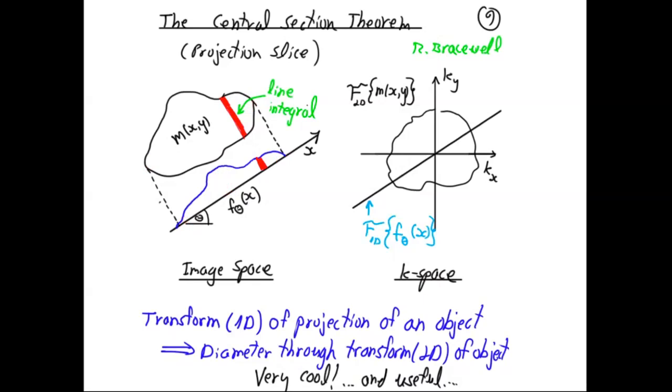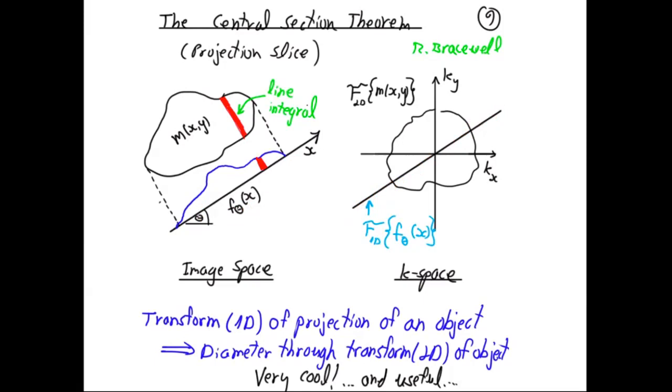Computing this projection, on one hand I have an object here. On the other hand, I have the two-dimensional Fourier transform of this object. Now if I computed this projection and took the one-dimensional Fourier transform of it, the central slice theorem says that the 1D Fourier transform of this projection, f theta of x, is actually a line through the two-dimensional Fourier transform of this object.